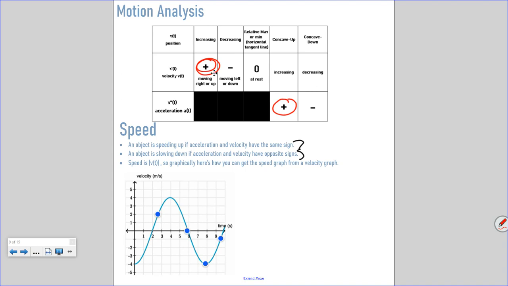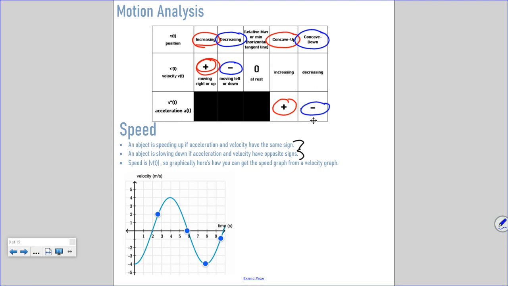So if you were given the position graph, then you would have to find the parts of the position graph where that graph would be both increasing and concave up at the same time. Or, same sign could also be considered if both the velocity were negative and the acceleration were negative, then I would look on the position graph to see the parts of that graph that were decreasing and concave down.